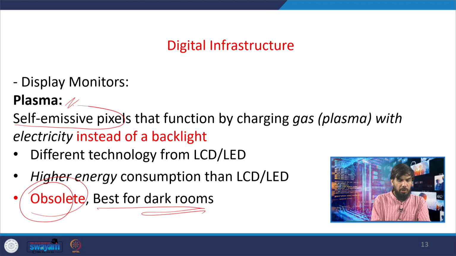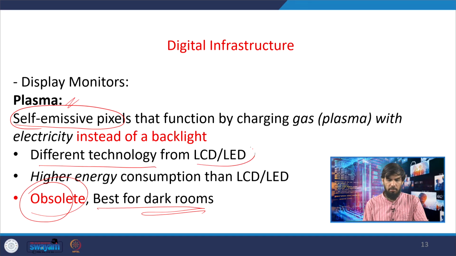Self-emissive pixels are used. So, this is also a different technology than LCD/LED, where self-lighting pixels, or in this case self-emissive pixels, are there. OLED and plasma are similar in that context: self-emissive pixels that function by charging gas or plasma with electricity.